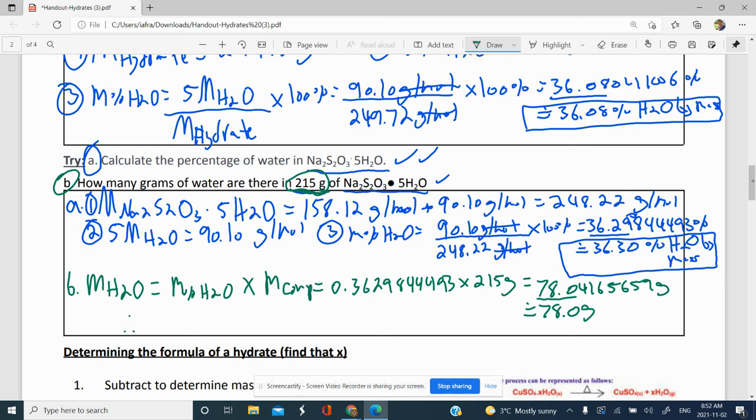So we can say therefore there are approximately 78.0 grams of H2O in the 215 gram sample. And I should say approximately, because we rounded there, and we're acknowledging that there could be some errors in our sig fig areas.